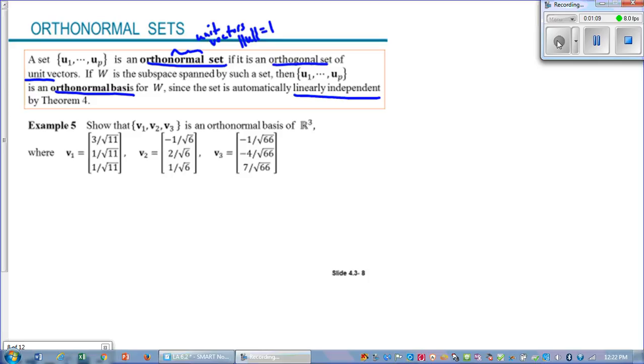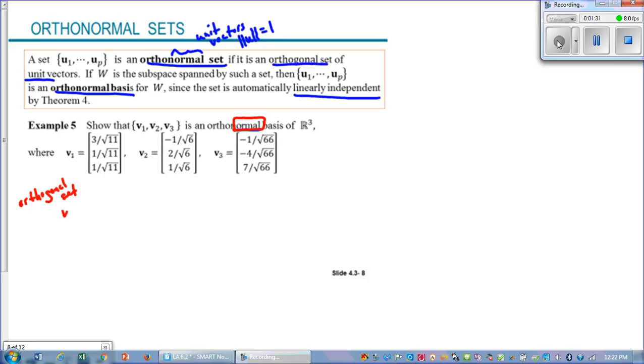And then we just need to confirm that they're also length 1, since we're asked to show it's an orthonormal basis, not just an orthogonal basis. So two things to show here. One, is the set orthogonal? That means every distinct pair is orthogonal.